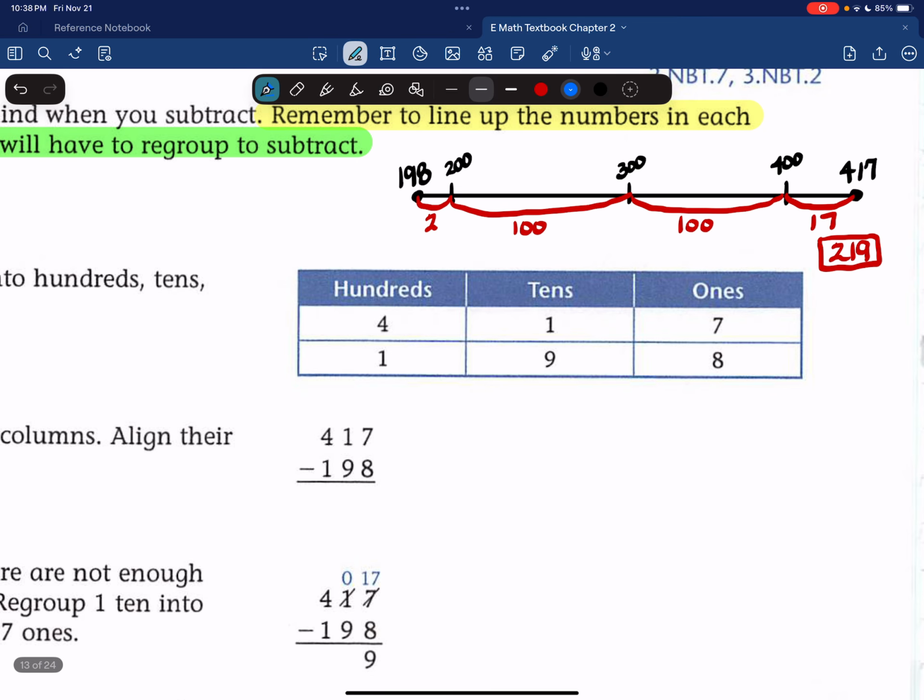If you wanted to use the model version of this, you would have 4 hundreds or 4 flats, 1 ten, and 7 ones. And then you would have 1 hundred, 9 tens, and 8 ones.